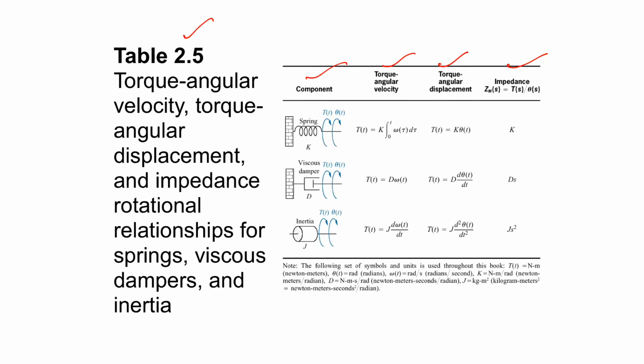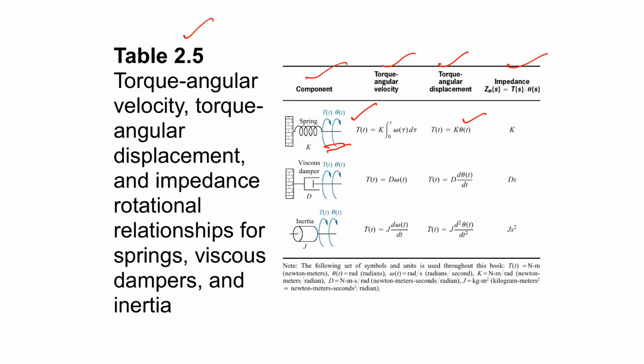In the previous case we had force, now we have torque. Angular displacement replaces translational displacement. The mechanical components for the rotational system are the same as for the translational system, but the only thing is that in this case there is rotation and not translation.